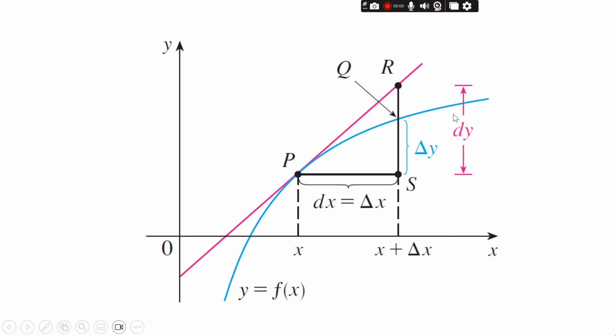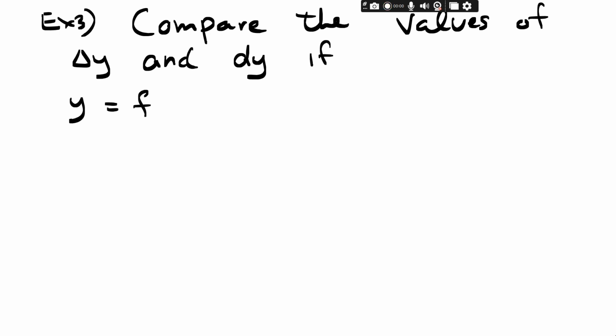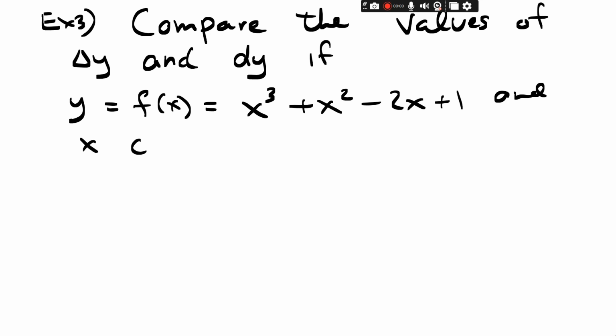Okay, so let's go for it. Let's go to the one that we did not do yet. Exercise 3, let's go for it. So we're going to compare the values of delta y and dy. And let's give it a function here. The function is that little guy right there. It changes from 2, and let's not go to 3.